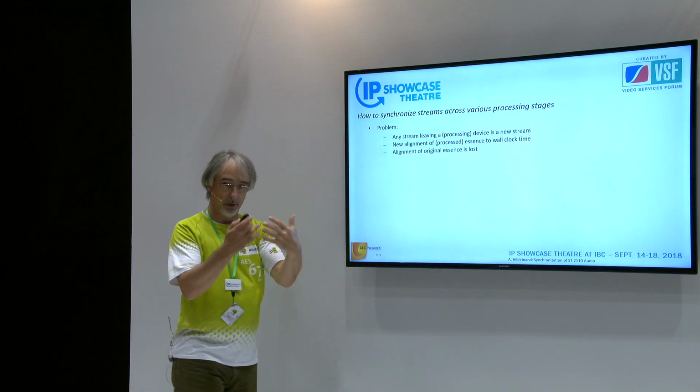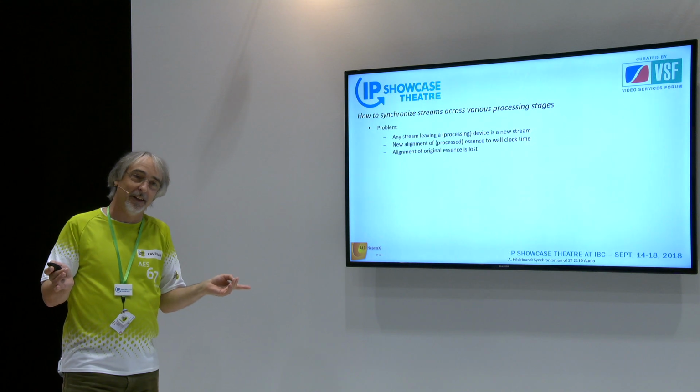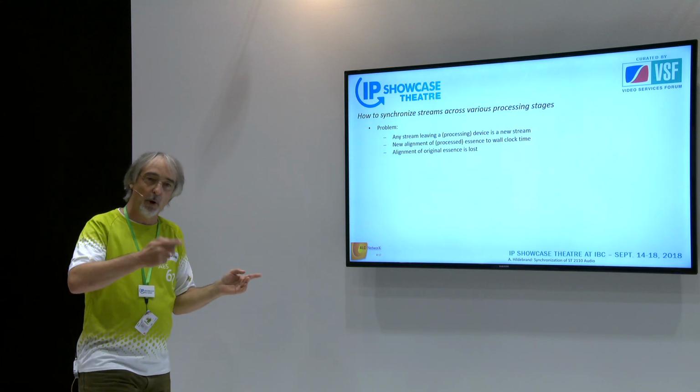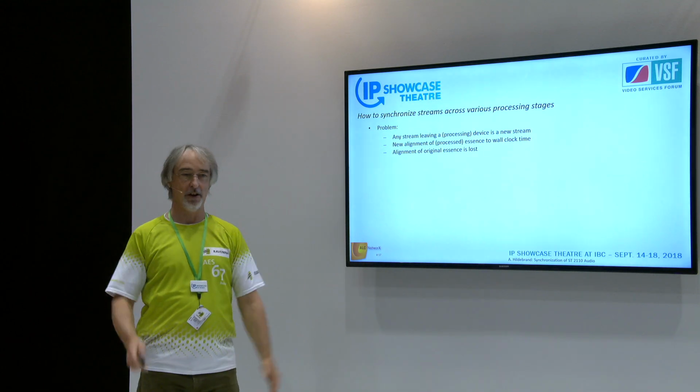The problem which we have to look at is that any stream leaving a processing device in the chain is a new stream. Any new stream is newly aligned to the wall clock time, of course, and the alignment of the original essence, by design, by technology, is lost, which apparently makes it not quite as easy to align the processed video image, let's say, with the somehow processed audio again.